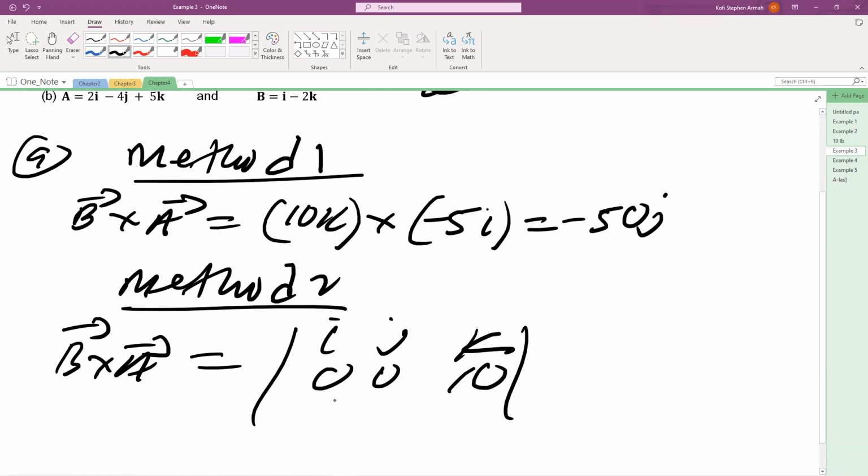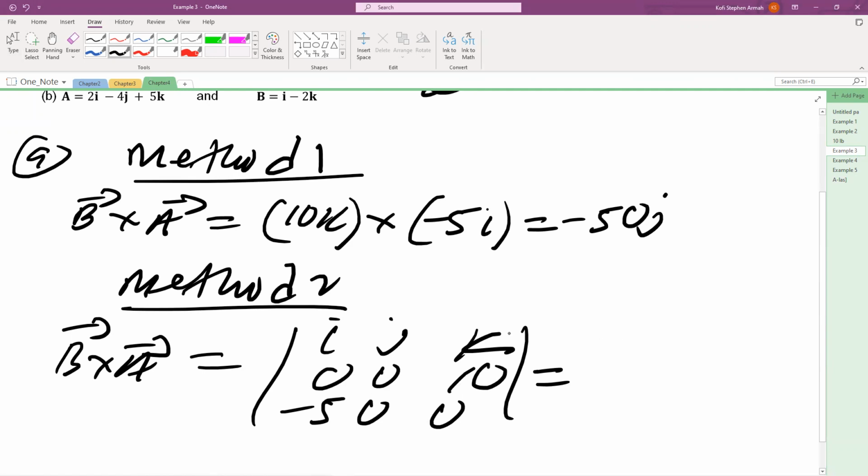The A is minus 5, 0, 0. You don't need to waste too much time. You know K and I is going to be J, so the only one that will work is J. Cover this, you have this times 0, this times 0. Then if you cover this, 0, 0, so the only thing that will work is the J.